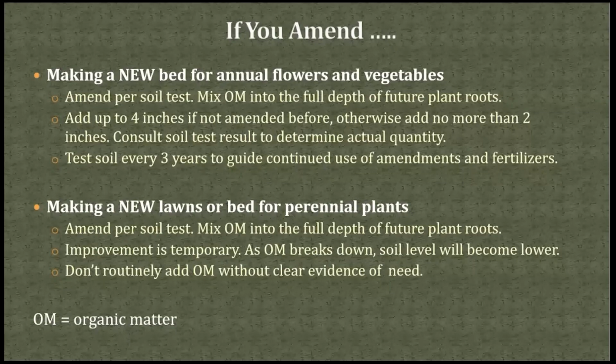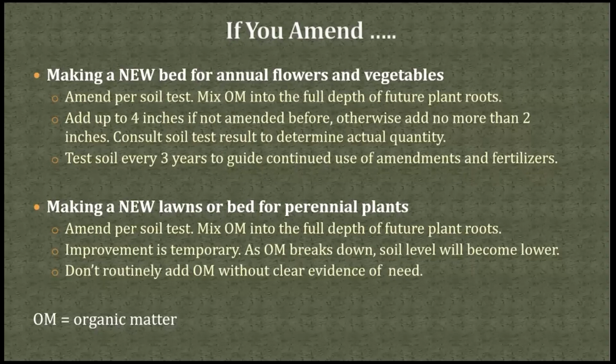And if you're growing annual vegetables and flowers and you need the result quickly, that means you're going to continue to use amendment and fertilizer for that very fast performance. And in that instance, we recommend you test your soil every 3 years. So you are always acting from a position of knowing what's there before adding more.